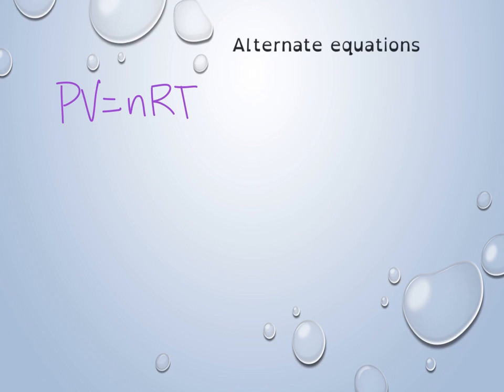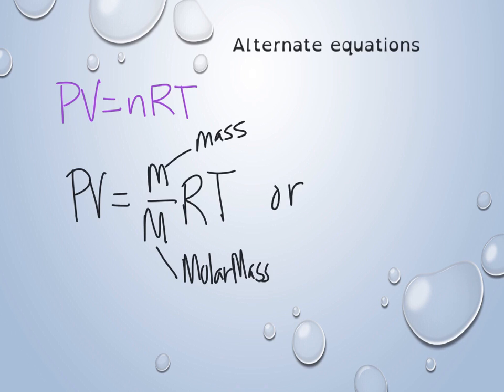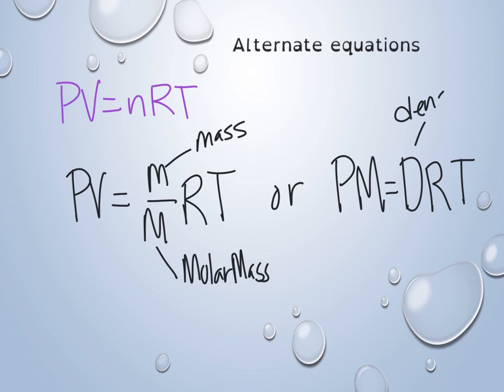So you could be solving for PV equals little m over big M RT, where the little m is the mass of the sample and the big M is the molar mass. Or you could be asked to solve for PM equals DRT, where the D is the density and the M is still the molar mass.